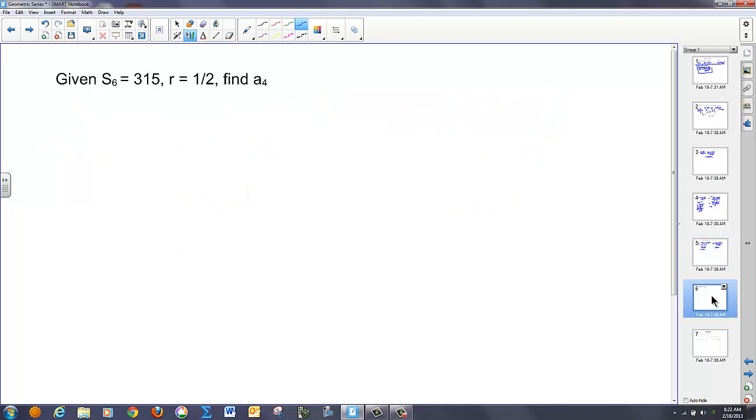All right, now in this case, we're actually given the sum of the first 6 terms and a ratio, and we're looking for the 4th term. Well, our general formula of S sub n equals a1 times 1 minus r to the n over 1 minus r doesn't give us individual terms other than the first term.